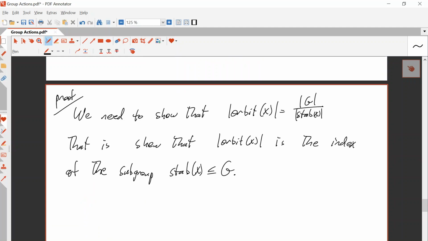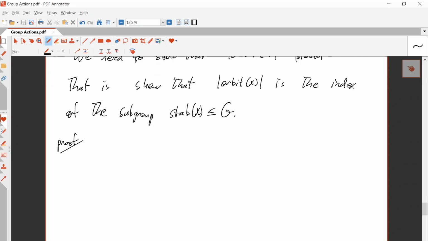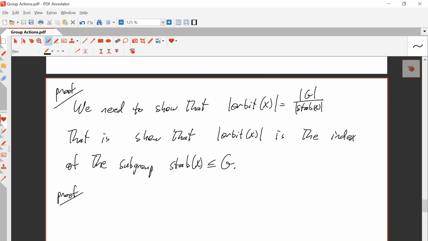All right. So why is that the case? Well, the index of the subgroup stabilizer x in G is the number of cosets.